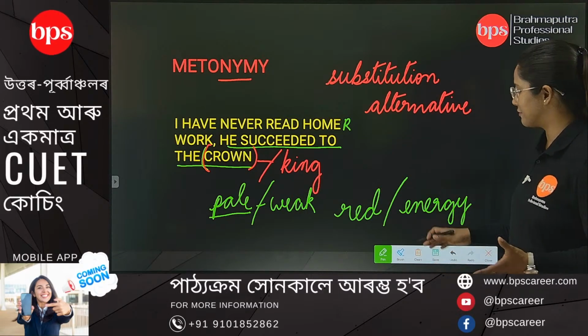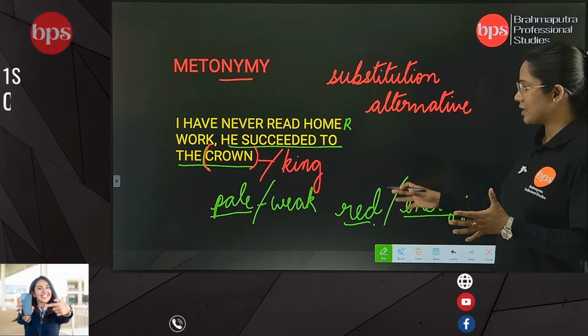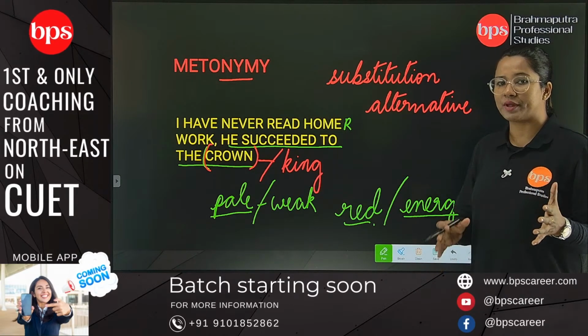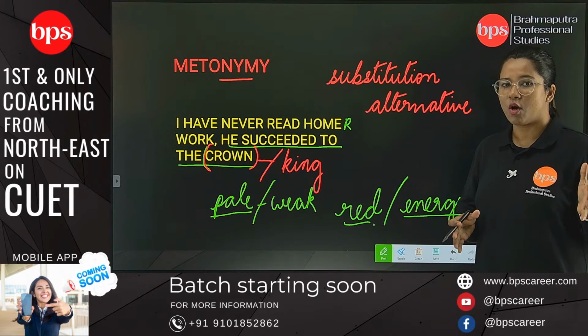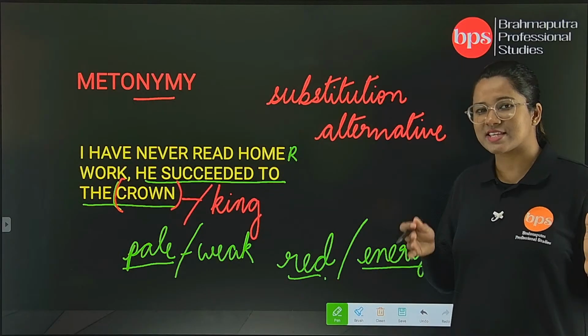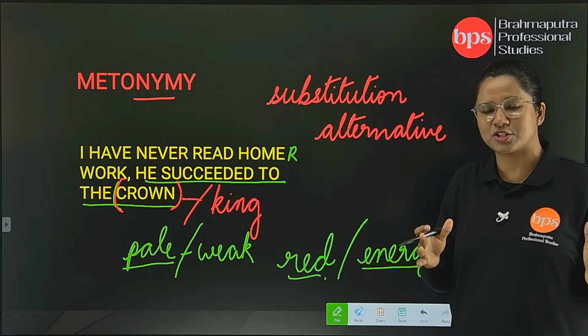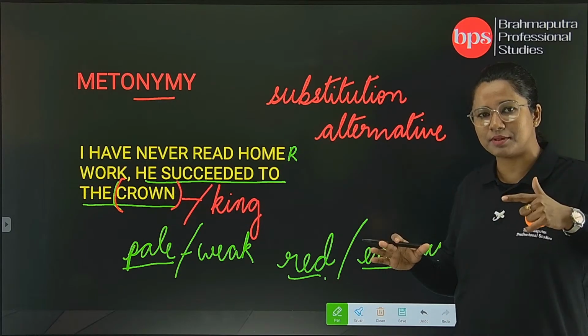Give me red, or give me energy. So these kinds of words, when we are trying to substitute or give an alternative to the entire word or the concept, we term it as metonymy. Yes, can you get the information? Can you understand the difference between synecdoche and metonymy?